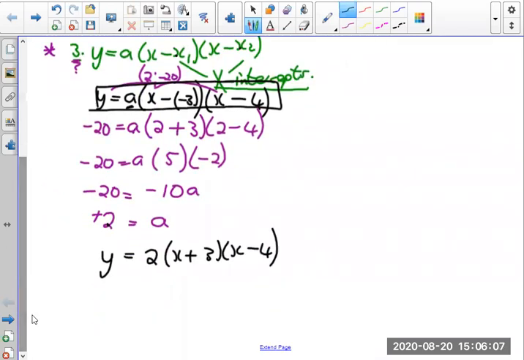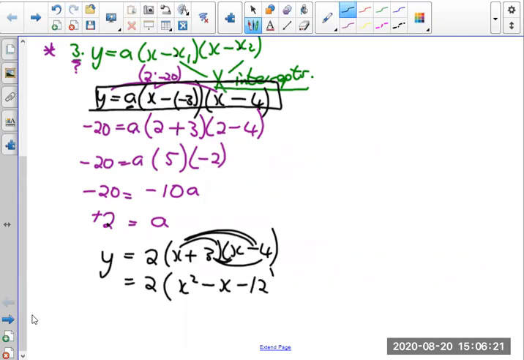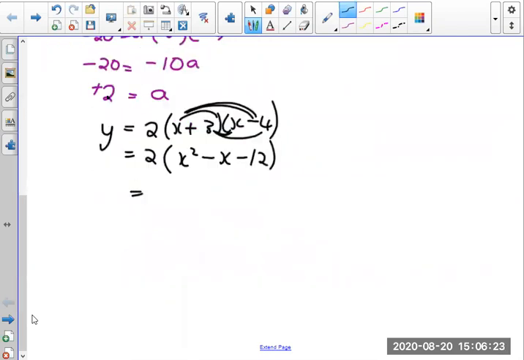So multiply the two brackets. Remember, you must FOIL. So that's x squared minus 1x, because it's minus 4x plus 3x, and 3 times negative 4 is minus 12. If you now multiply in the 2, you have 2x squared minus 2x minus 24.